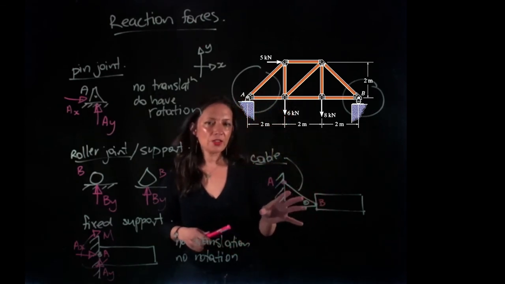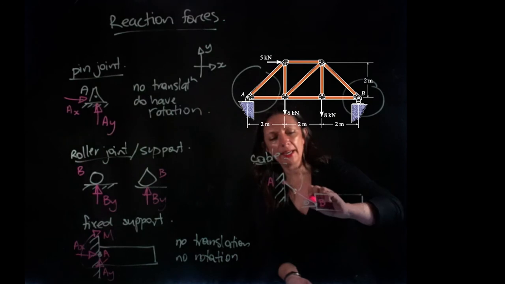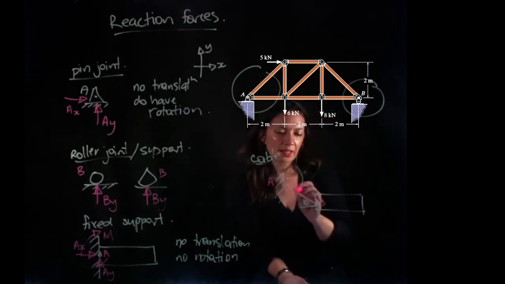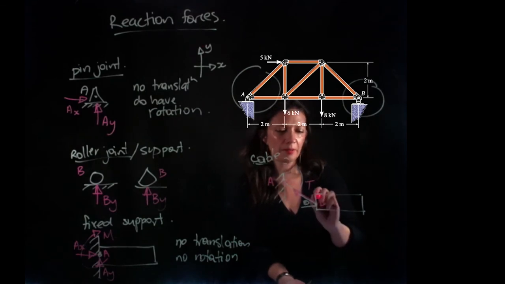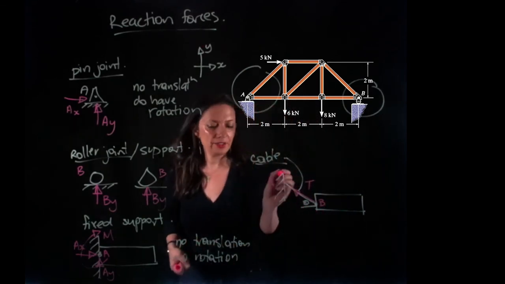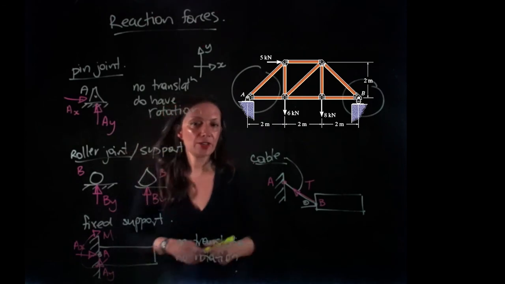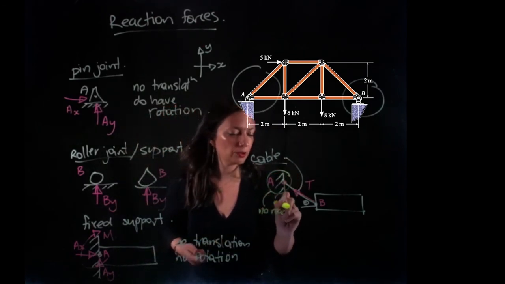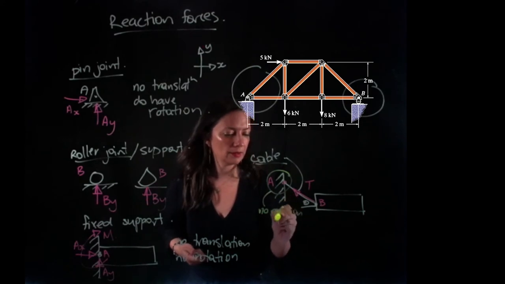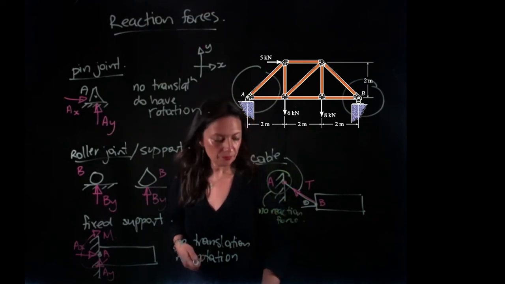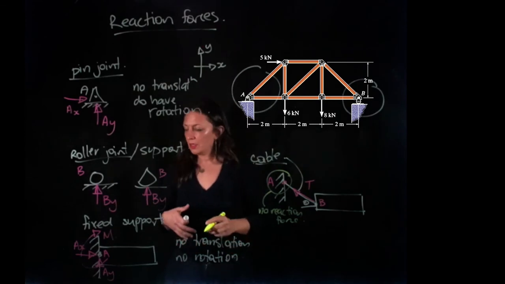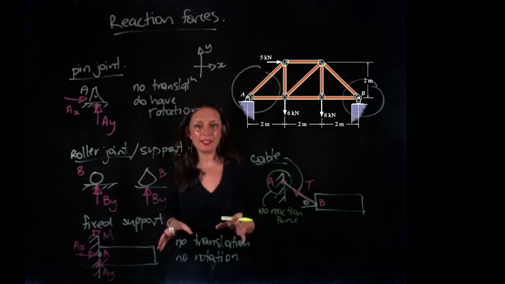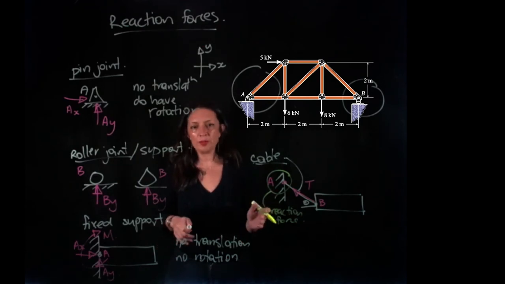So here we actually have what we call a tension in the cable. So it's going away from the beam. Tension. At A, there is no reaction. So this summarizes all the types of reactions we're going to see in the questions that we will be solving.